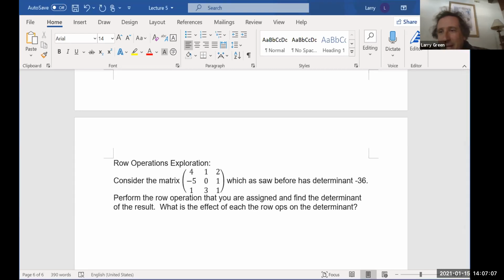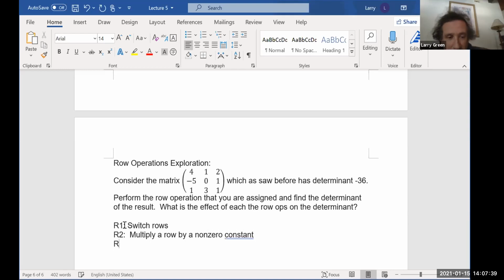So hopefully you paid attention to the number I gave you. And what I want you to do is perform the row operation. Remember, R1 was switch rows. R2 is multiply a row by a non-zero constant.